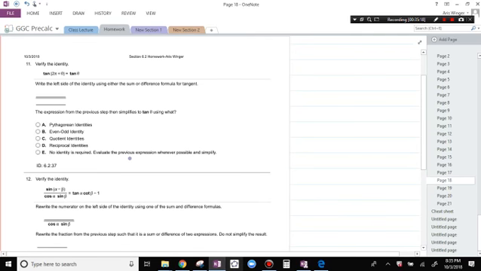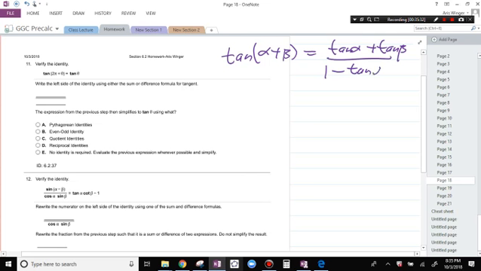Same thing for tangent. So again, I have to remember this formula. Let's see if I got it. Tangent of alpha plus beta. Whew. I think it's tangent of alpha plus tangent of beta all over 1 minus tangent alpha tangent beta. So therefore, in this case, alpha is 2 pi, beta is theta, and we're just plugging in.